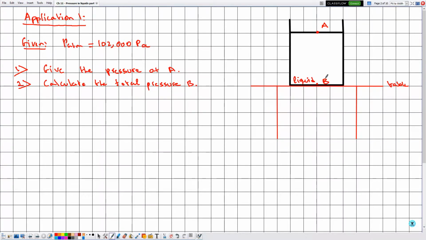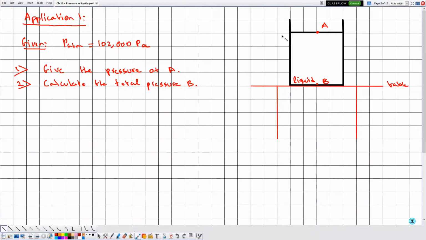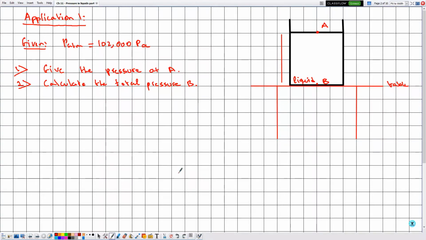And in order for us to calculate the total pressure at B, let me give a numerical value for the height corresponding to this layer of liquid. So let's say that this height is given by, for example, h is equal to 30 centimeters.